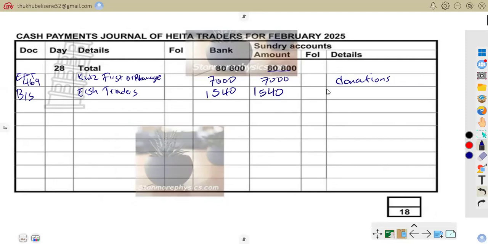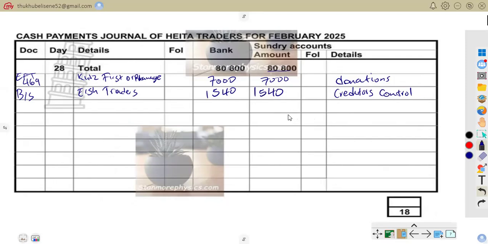This was for creditors control, because we're paying our suppliers, our creditors. So that is why our description is creditors control. That is the payment that we're making to our creditors.